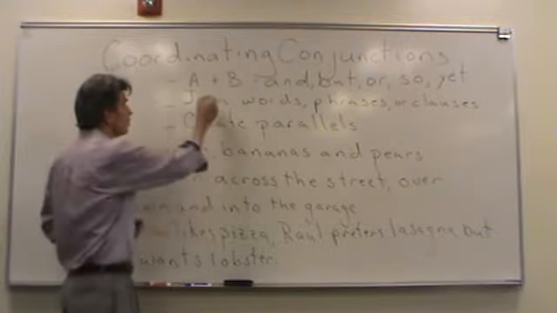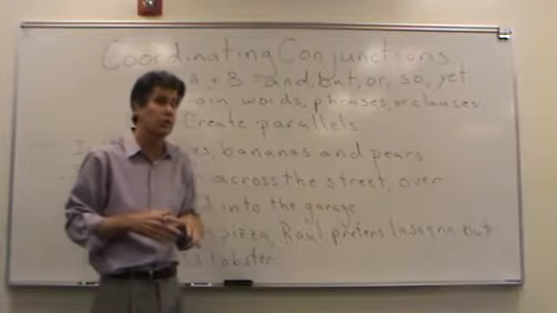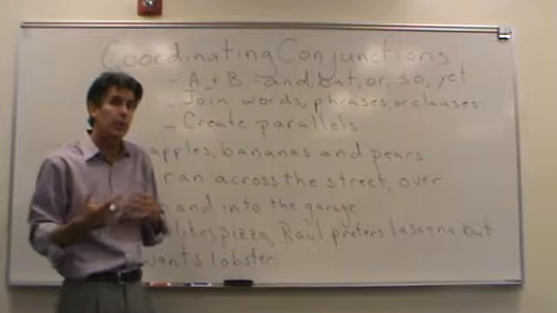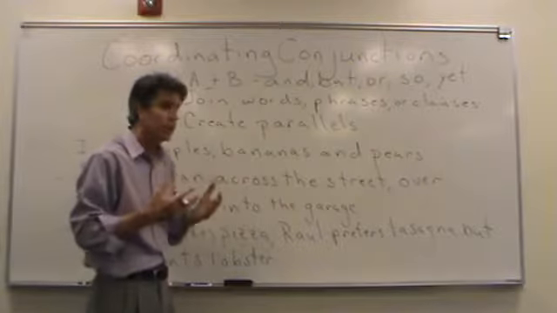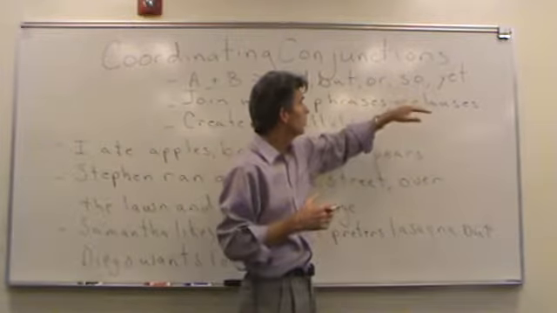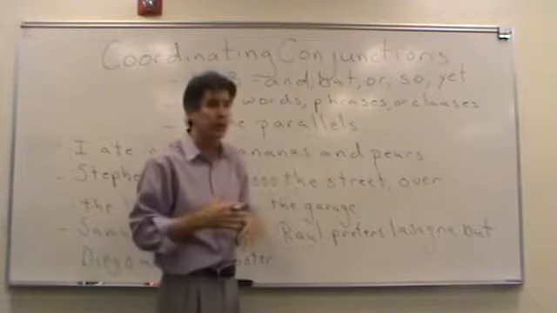And these are really simple words, words you are fully aware of and knew about all along. And, but, and or are by far the most common coordinating conjunctions, and you know how they work already. You knew that before you started this class. The other two that aren't quite as common are so and yet. So is going to be important for joining up clauses, and yet will be really just another word for but.